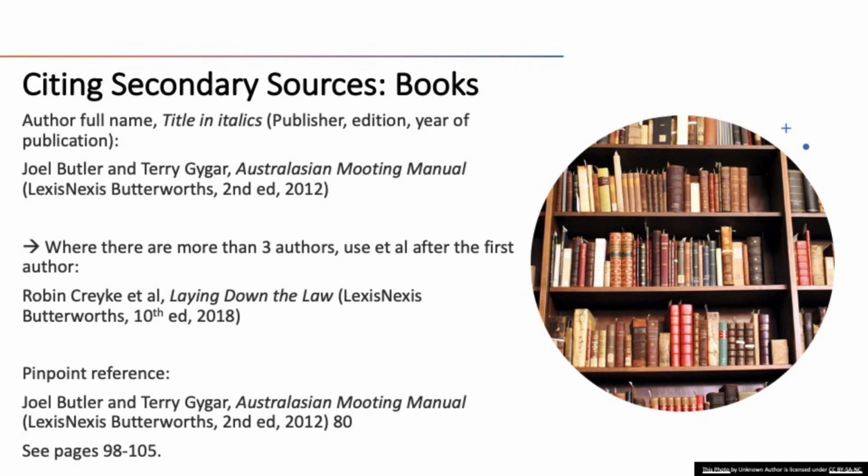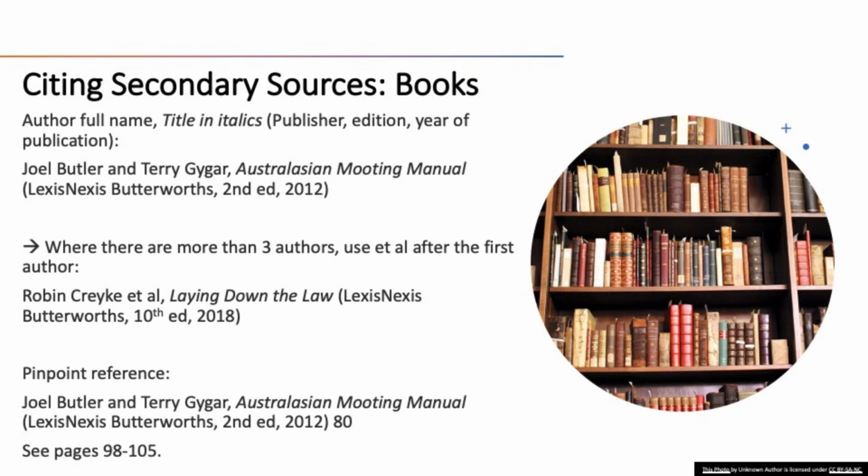So let's look at our example of Joel Butler and Terry Geiger's book. You'll see that the publisher is LexisNexis Butterworths with a comma. It's the second edition with a comma, and then the year of publication is 2012, all within the round brackets.